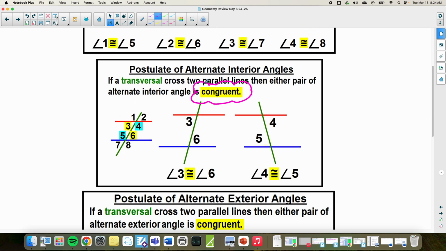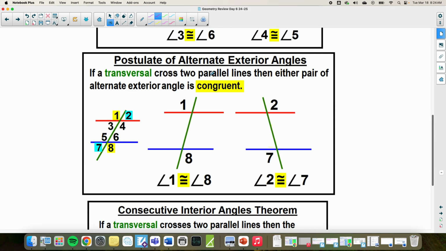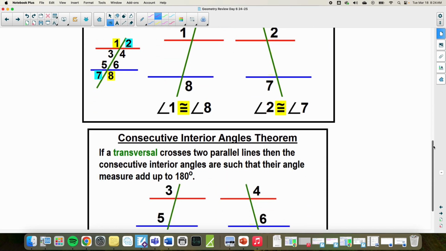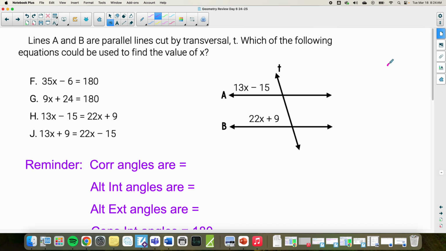Alternate interior are also congruent. Alternate exterior are congruent. And the one that is not congruent is the consecutive interior, and they are supplementary, or add up to 180. Okay, everybody kind of remember that? We're going to have a few questions on that today.